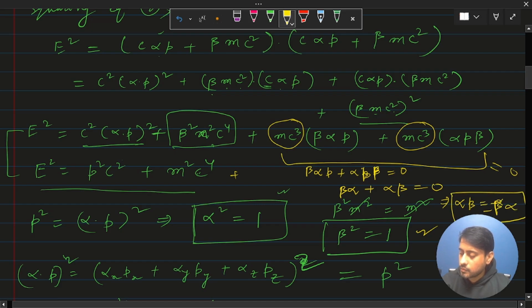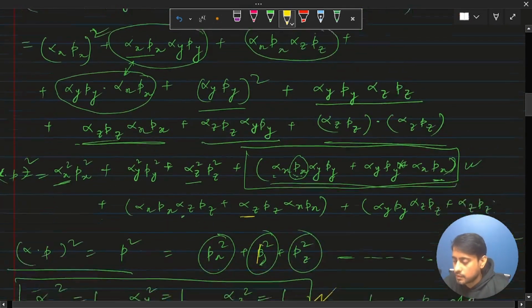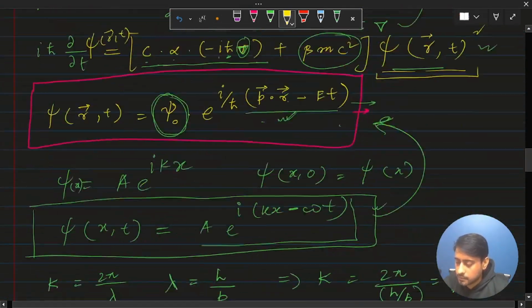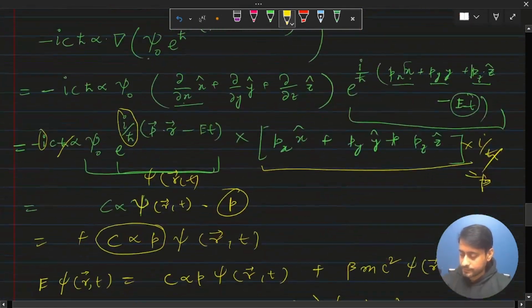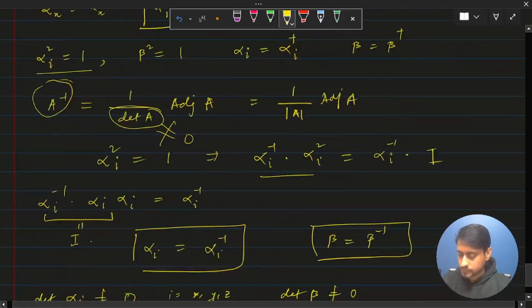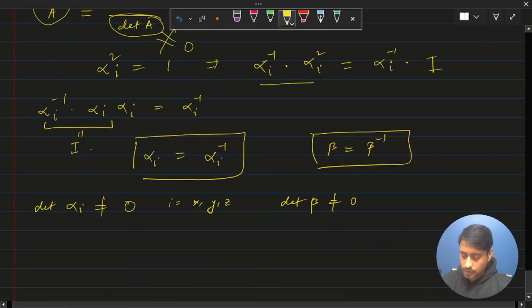So you have one more thing also which we missed in our first step. Now we can write it here. Alpha beta is equal to minus beta alpha, and you know that alpha has 3 components, so that's why we have written it with the I subscript.